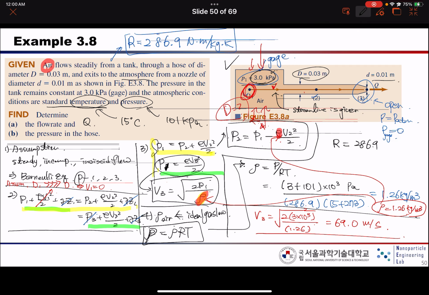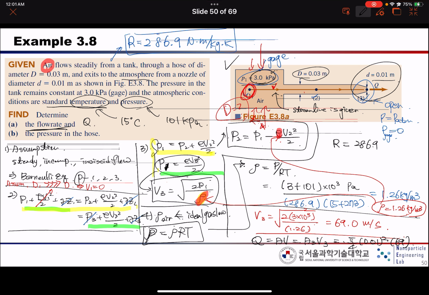So the first question is to determine the flow rate. Flow rate Q equals AV, so A3 V3. The diameter is given, squared, and times 69.